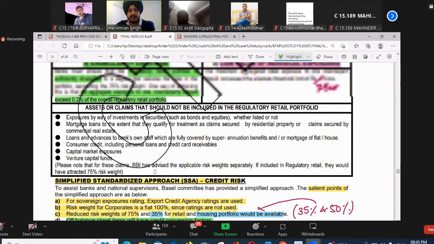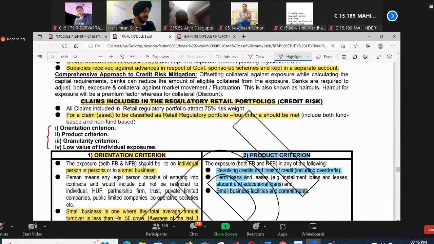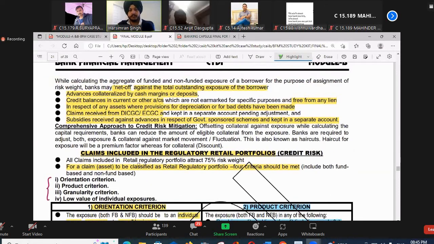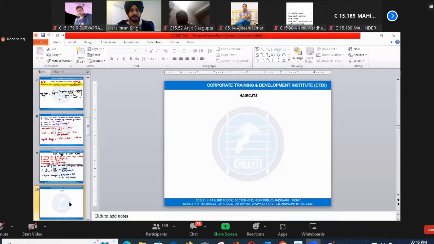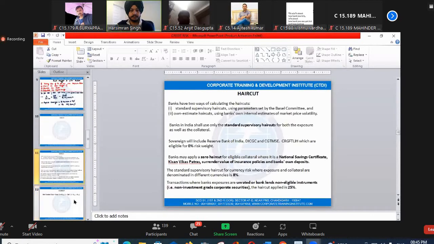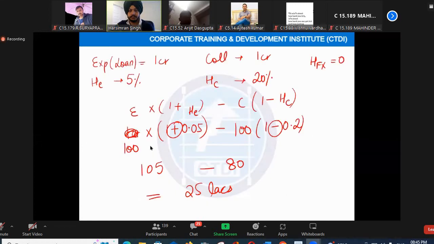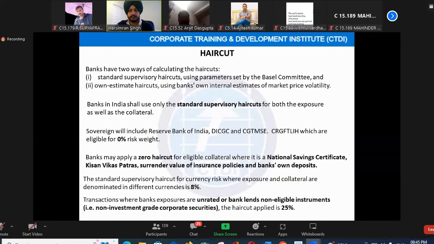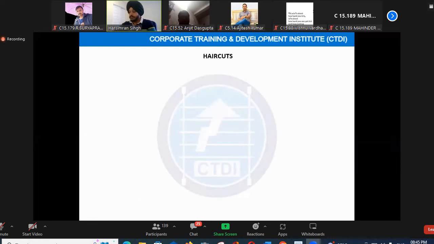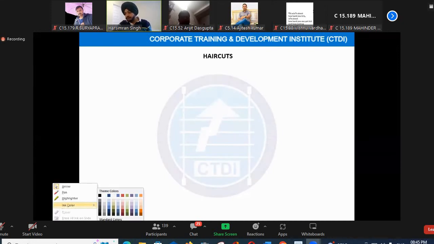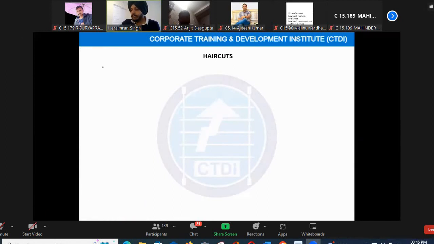Now let us understand the concept of haircut. Let us suppose you have given a loan of rupees 1 crore.